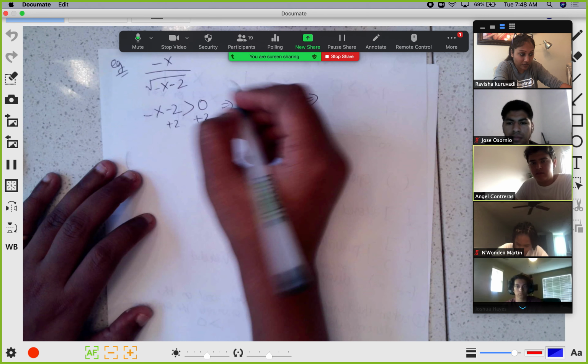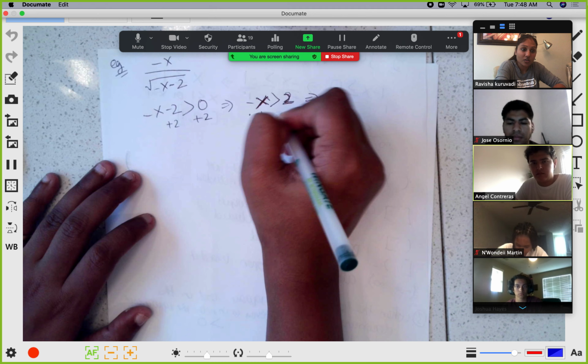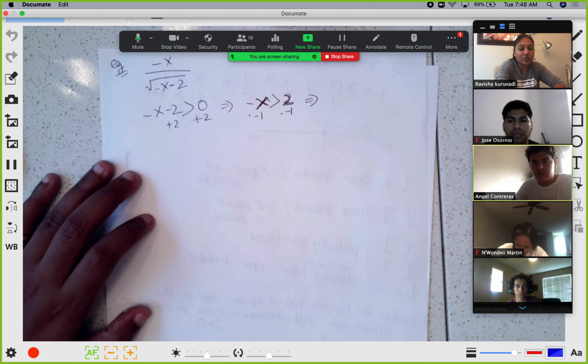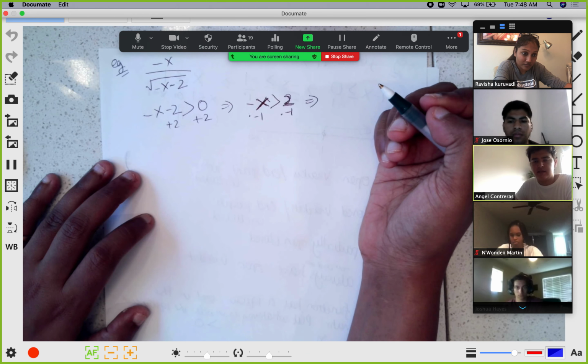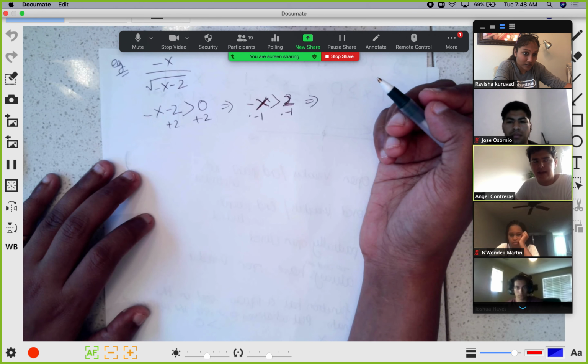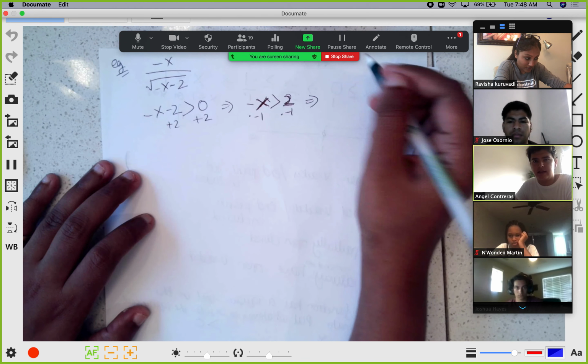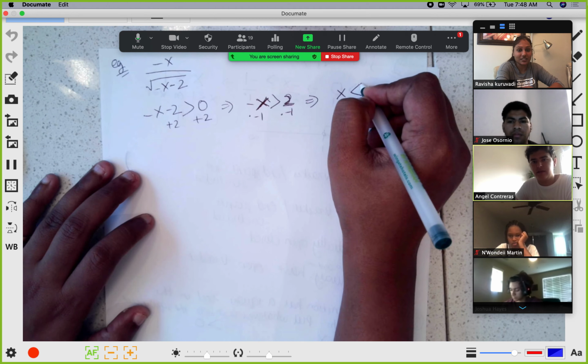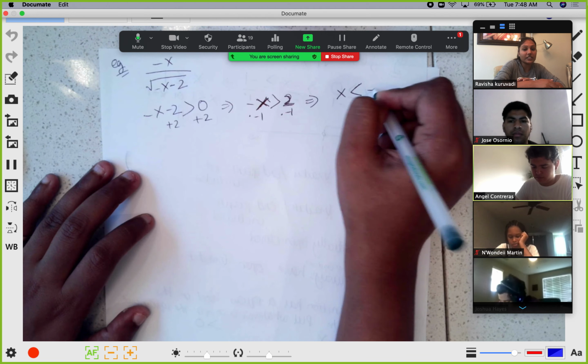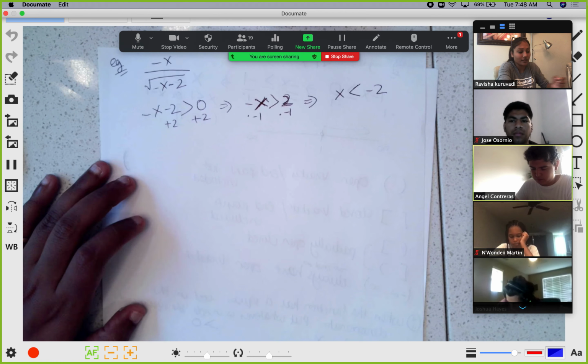I multiply with negative 1 on this side and negative 1 on this side. What happens to the sign when you multiply with negative 1, Angel? x has to be less than negative 2. Perfect. When you're multiplying or dividing with a negative number, you have to flip the sign.